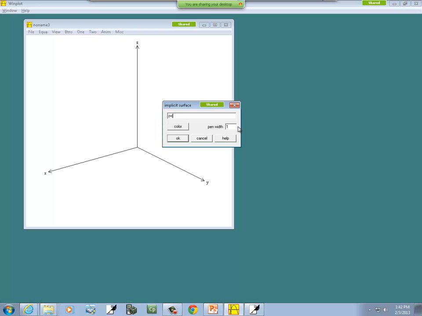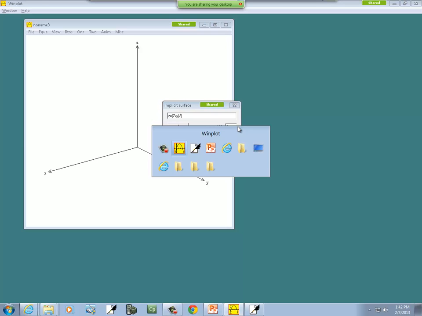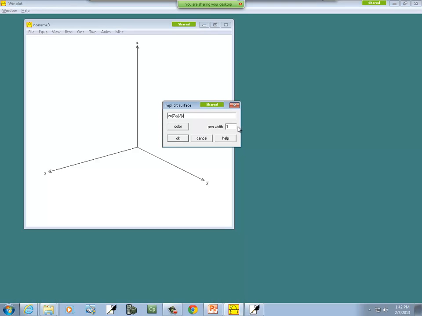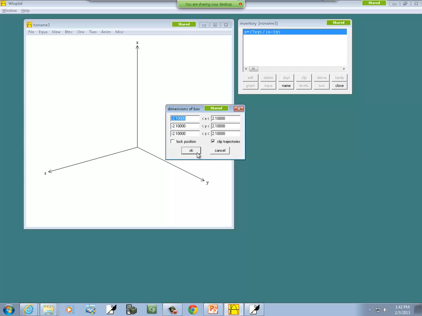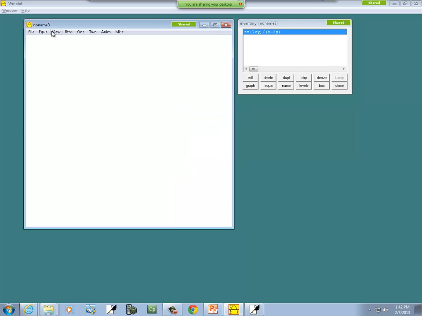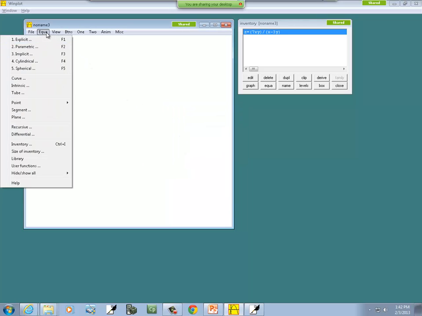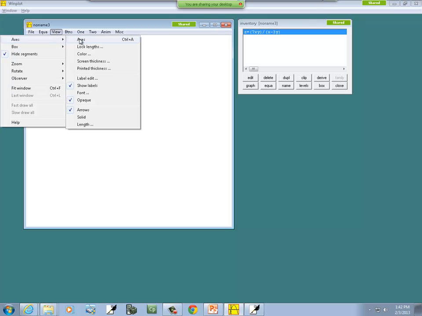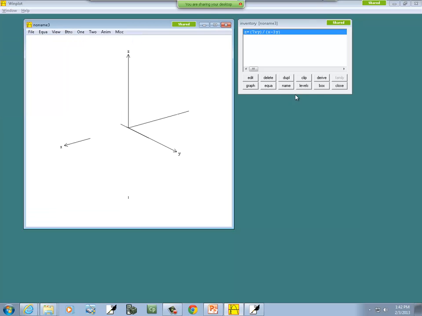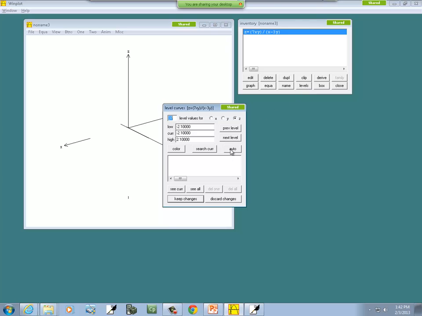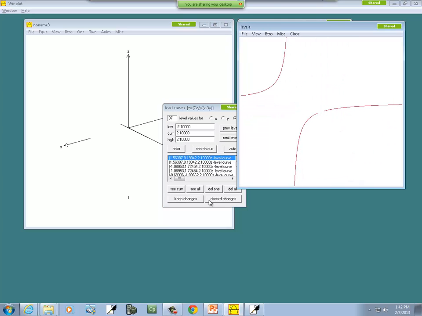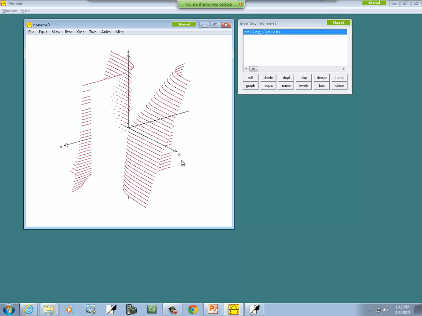So a beginning parenthesis, 7xy, closing parenthesis, divided by, beginning parenthesis around the bottom, and we got x minus 3y in closing parenthesis. And then I'll click OK. And I'll click OK again. Now choose View, and then I'll choose Axes, and then Axes. And I'll come over here to Levels, and choose Auto, and then I'll choose Keep Changes.